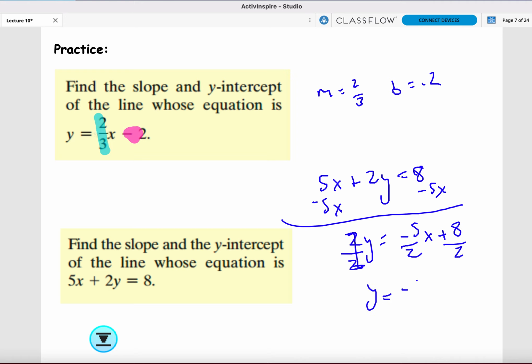And y equals negative 5 over 2 x plus 4. So we now know that 4 is b and negative 5 over 2 is m. M equals negative 5 over 2, and b equals positive 4. And we're done with these practice problems.